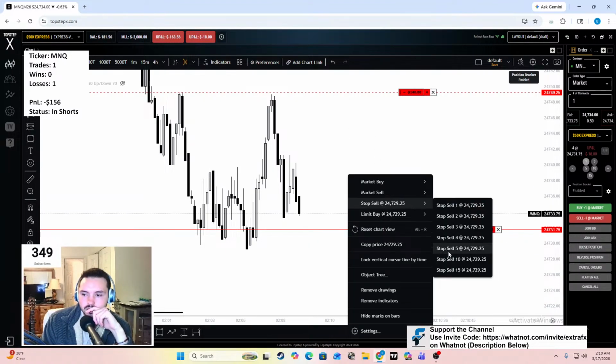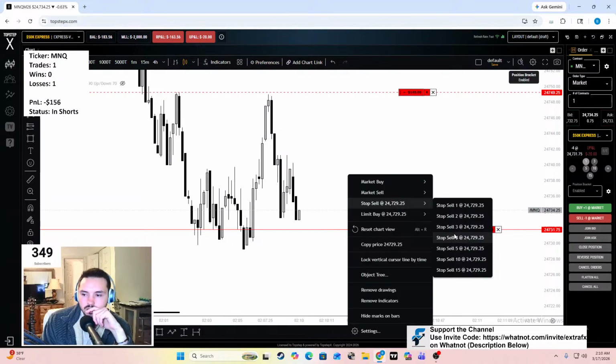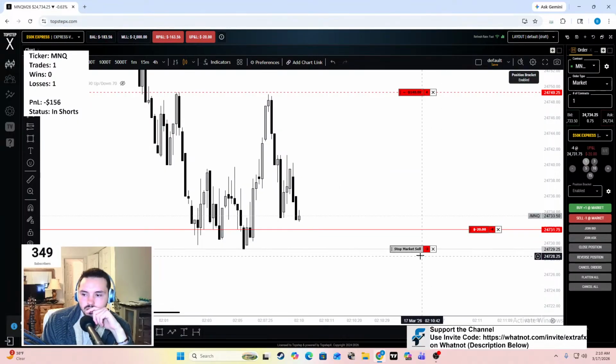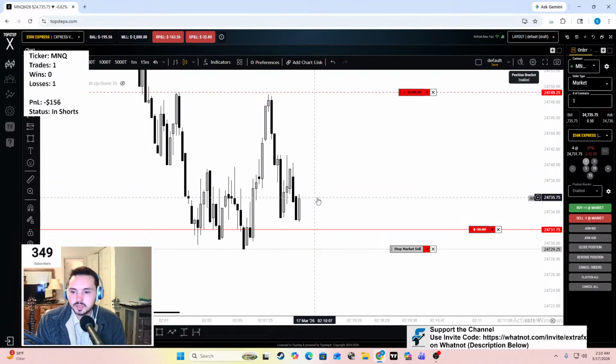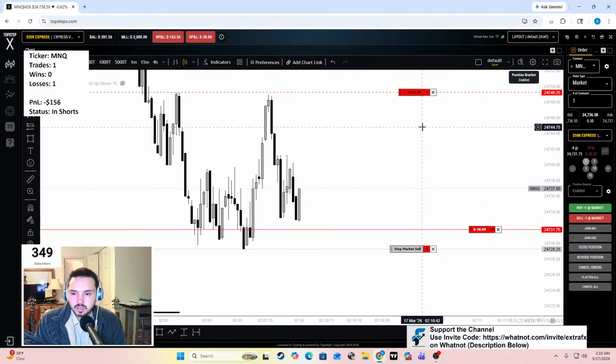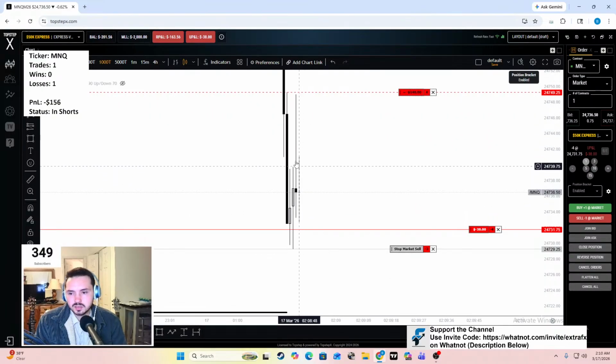Stop sell. I don't want to see any retest. I don't want to see it move up higher here. The reason why I'm tempted to leave is this is weak structure technically.